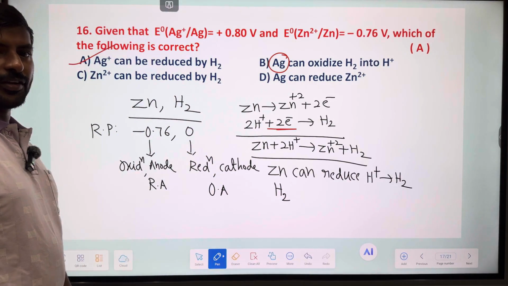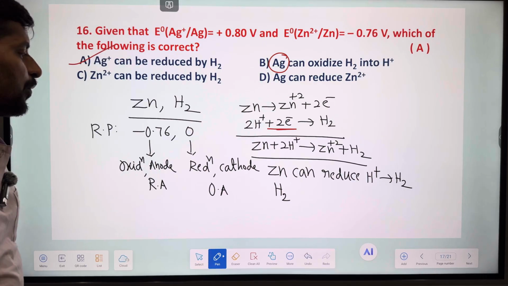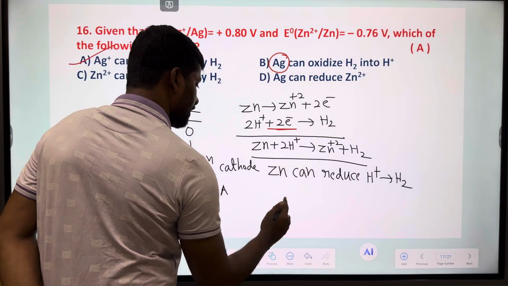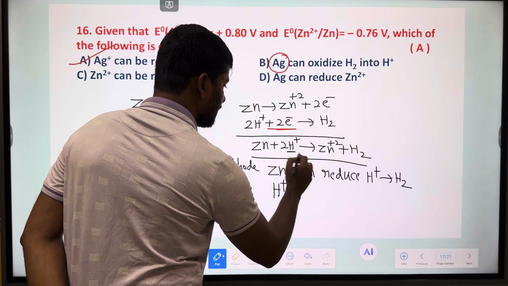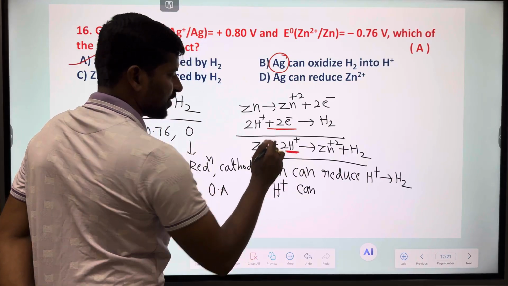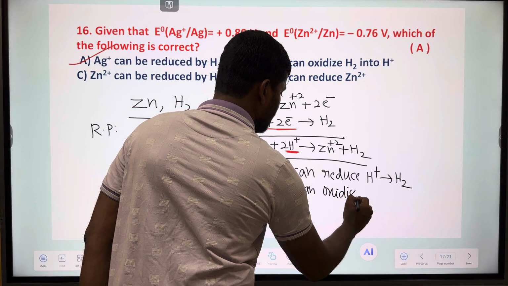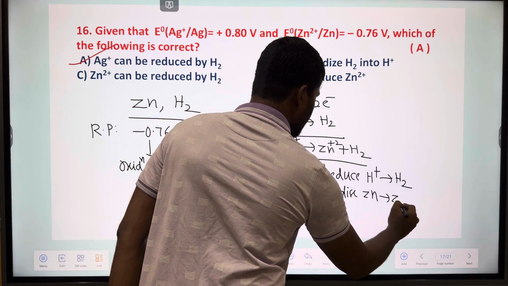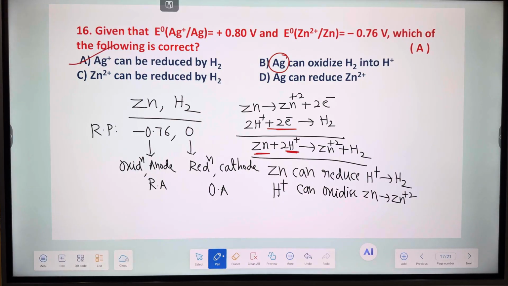Hydrogen is an oxidizing agent, so H+ itself participates in the reduction, right? Here H+ is oxidizing zinc or not? H+ can oxidize Zn to Zn2+ only. H+ itself participates in the reduction, so it can oxidize zinc to Zn2+.